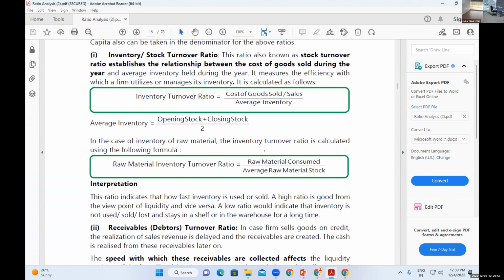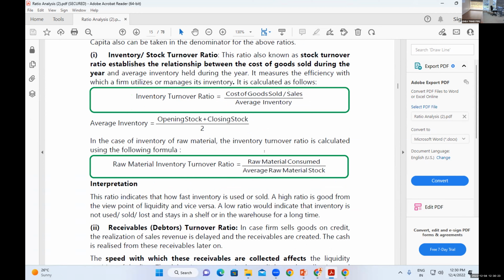Next, stock turnover ratio. You remember, slowly we are coming to one item. Turnover is common, and we are comparing the turnover with so many different components of asset. First total asset, net asset, current asset, fixed asset. Now only one asset, that is stock. Stock is one current asset, not the current asset.